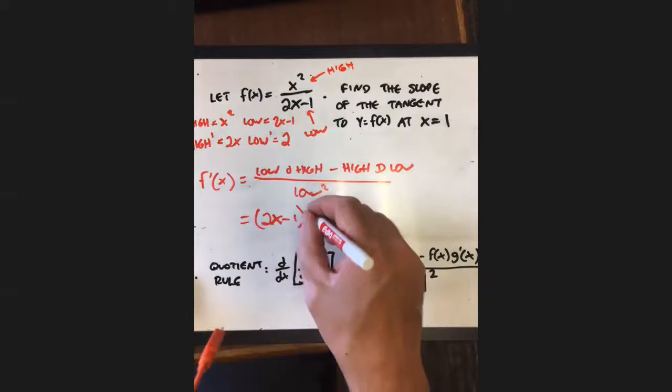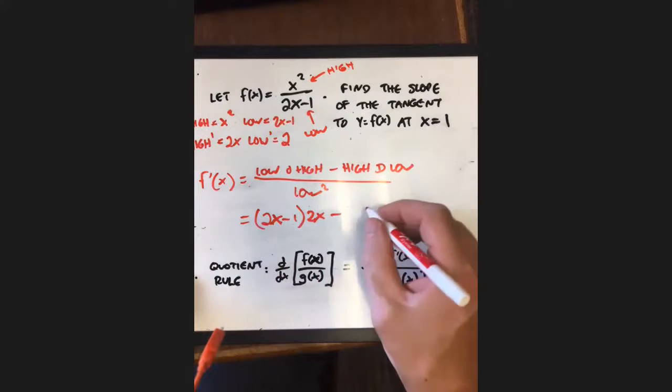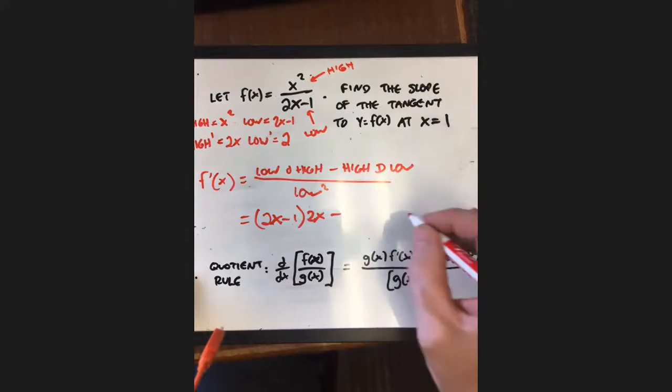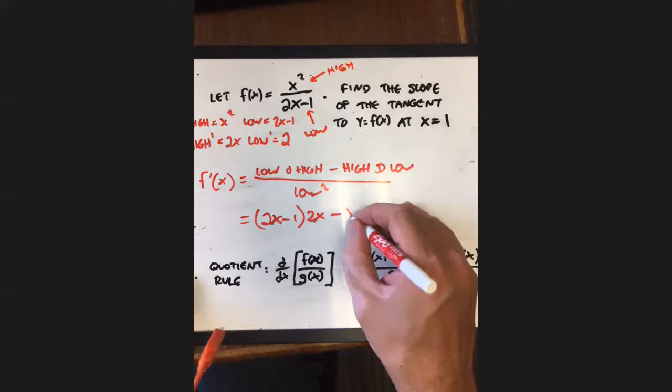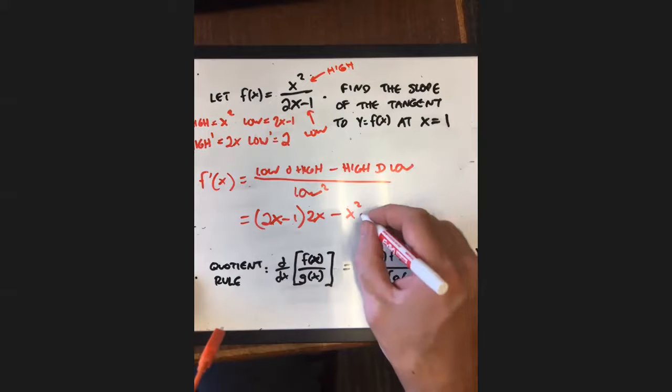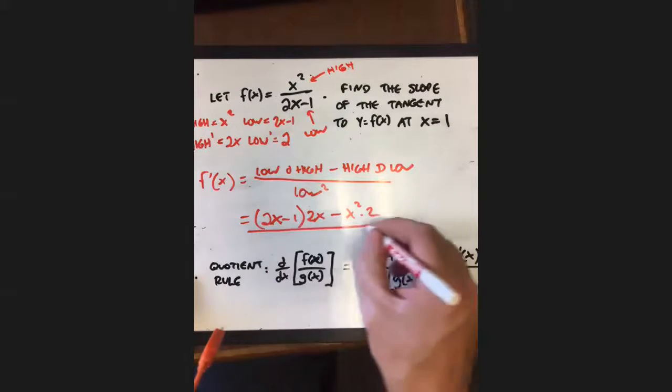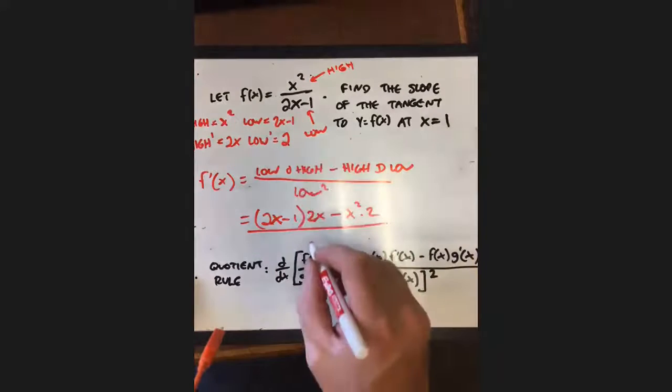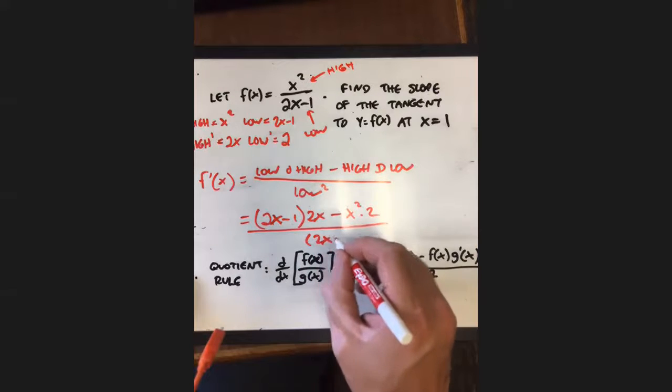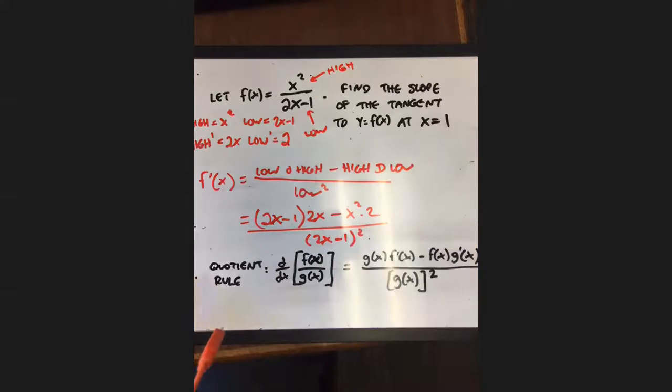D high is 2x, minus high d low, so minus x squared times 2, all over low squared. So all over 2x minus 1, again, that whole thing squared. And I'm done. You don't have to do distribution. You don't have to collect like terms. In fact, please don't. It's a waste of time, and you might make a mistake when you've done calculus correctly all the way up to that point.